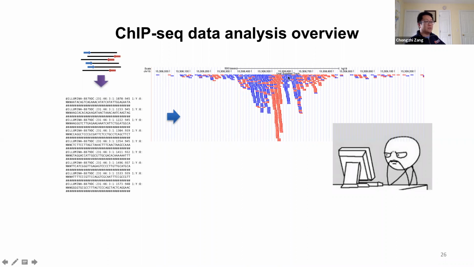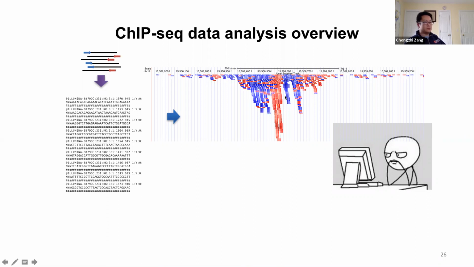In that case, we can make sure we obtain data in which certain regions of the genome are covered by multiple sequence reads. Here is just a random example from the genome, where many different sequence reads are mapped on either strand.